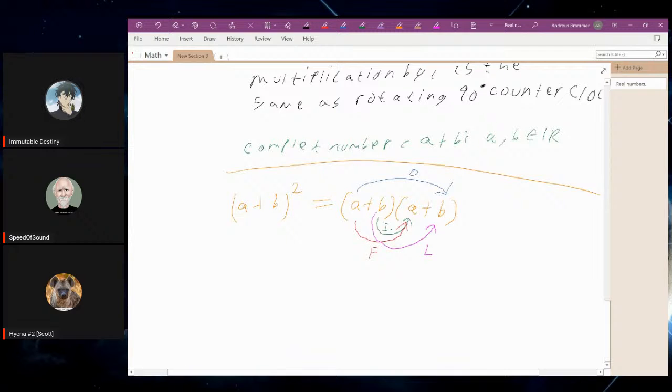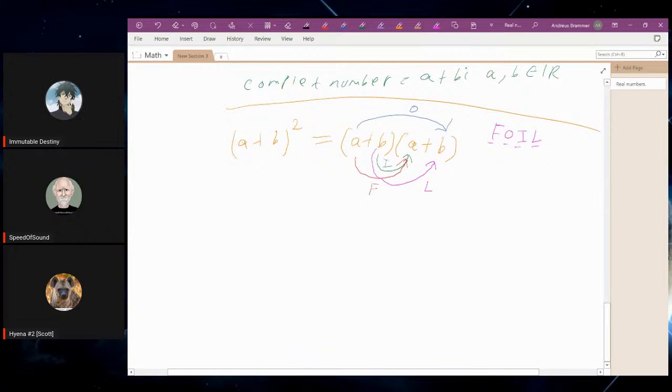And this process has a name. It's called the FOIL method, which stands for first, outer, inner, last.